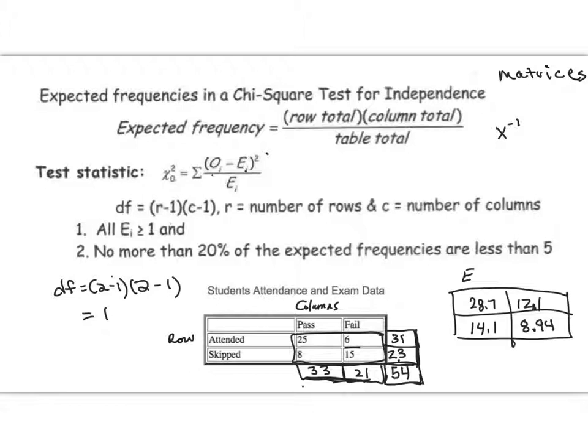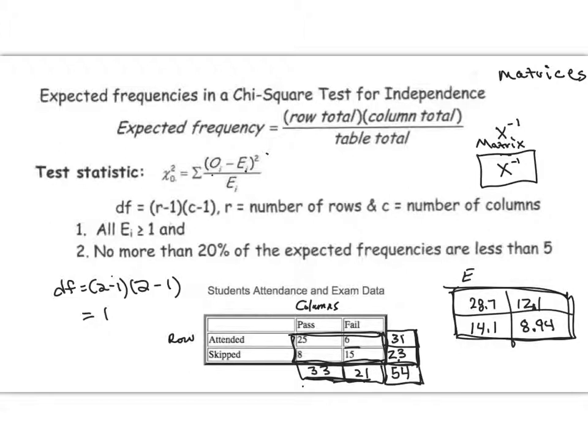If you use second function, on top of that is something called matrix. That's where we're going to put this data and this data when we perform a chi-square test.